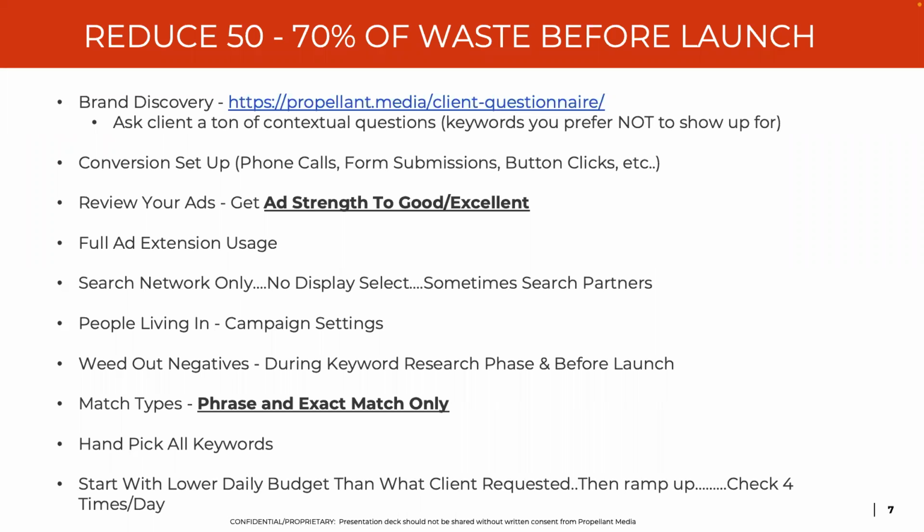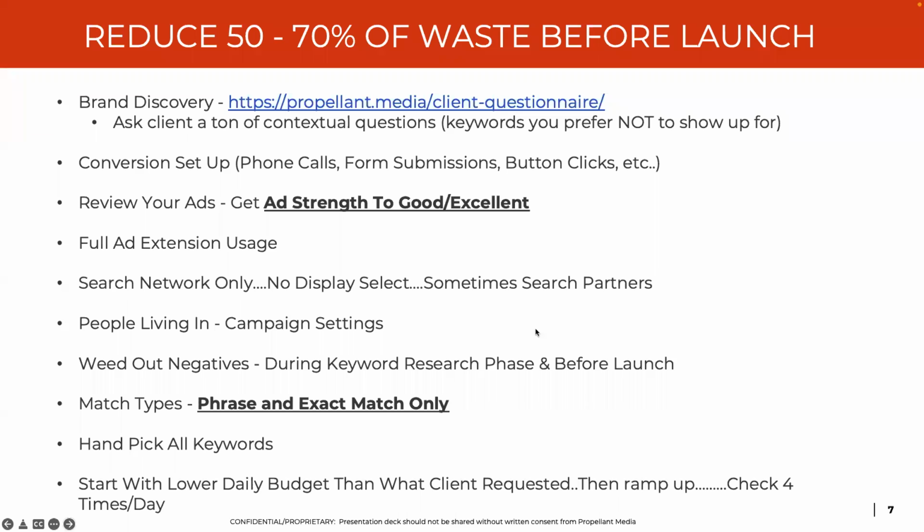You might see a phone number, some callouts, or a location extension. All those things are considered extensions of the ad itself. Having full extensions on those ads also tends to improve overall quality, but more importantly, click-through rates of your campaigns.